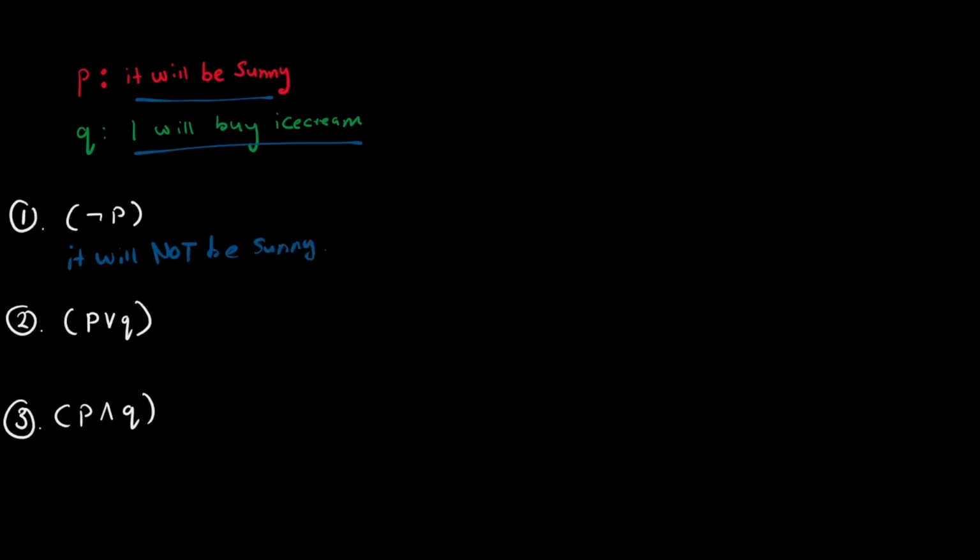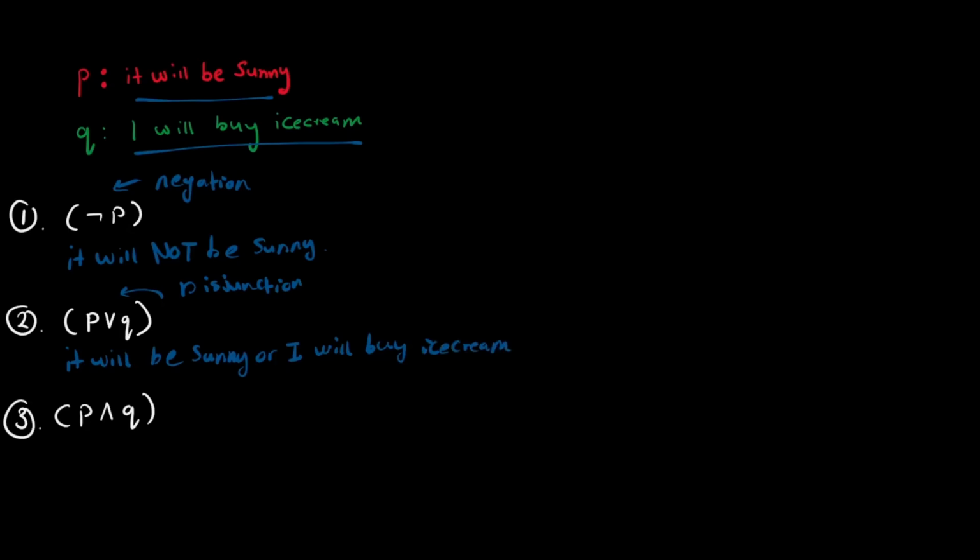Now, the second question asks us P or Q. The first one, what we did was a negation. The second one is a disjunction. Remember, we said that it means or. So it means P or Q: it will be sunny or I will buy ice cream.